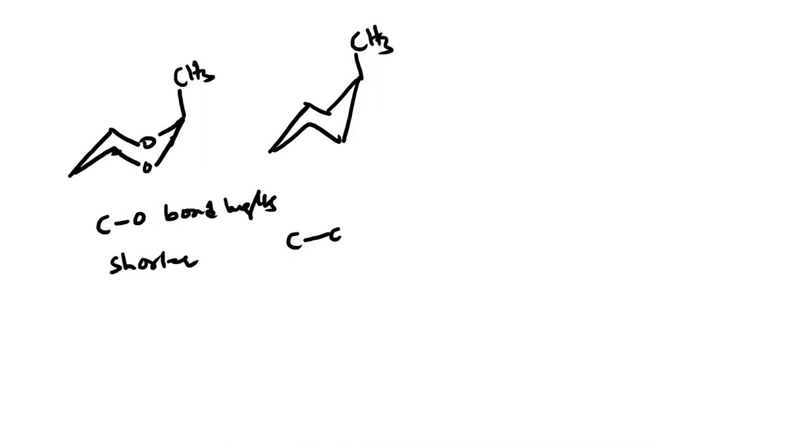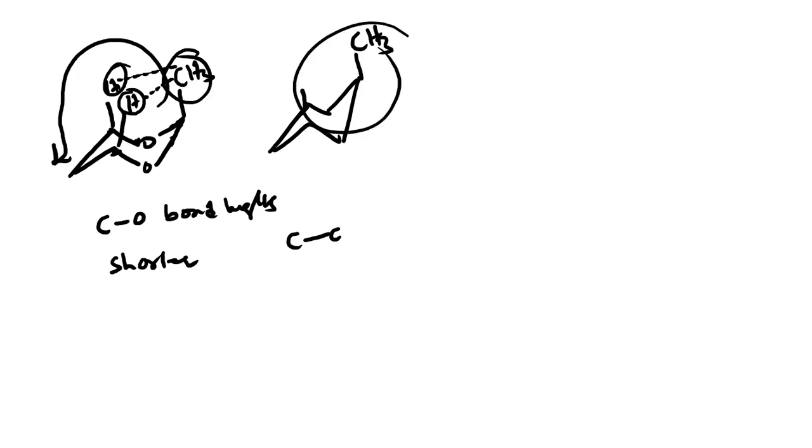So due to the shorter bond lengths, here you can see that strong diaxial interactions are observed. Whenever strong diaxial interactions are observed, high strain is observed in this conformation. Whereas the second one is the most stable chair conformation when we compare both of these.